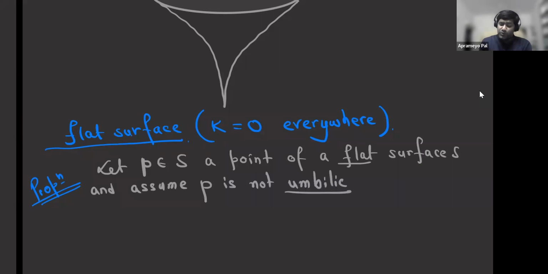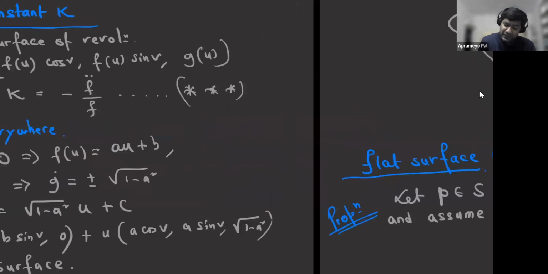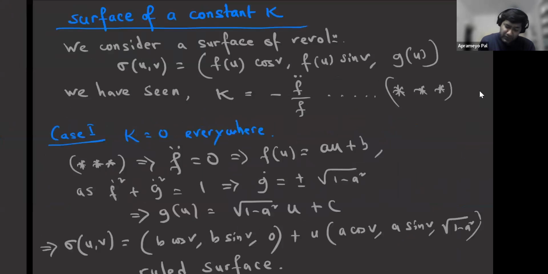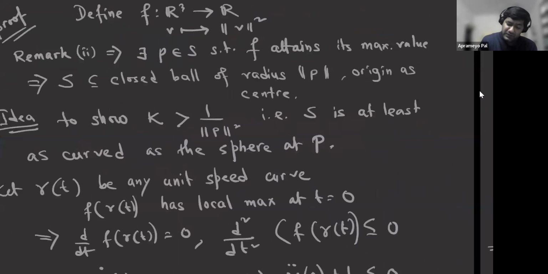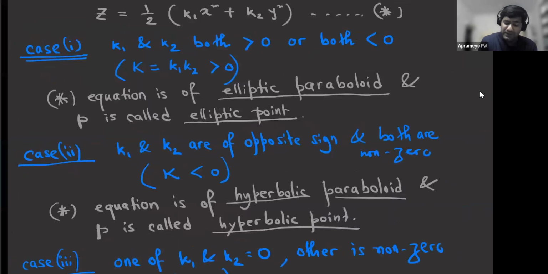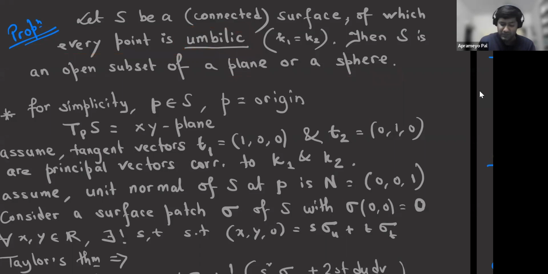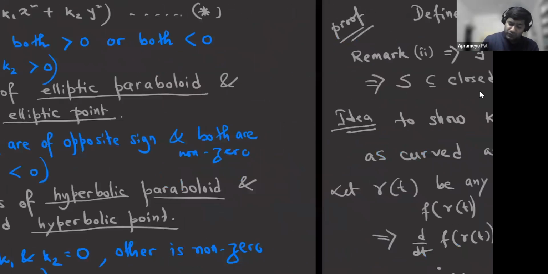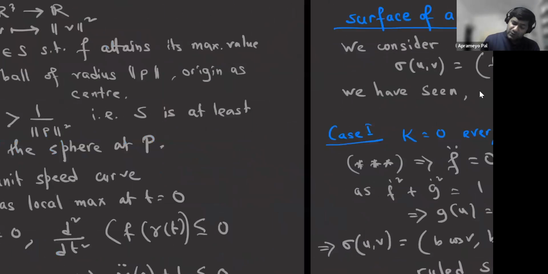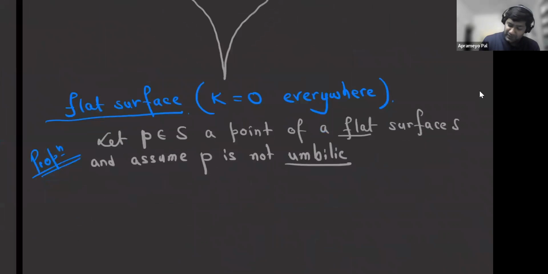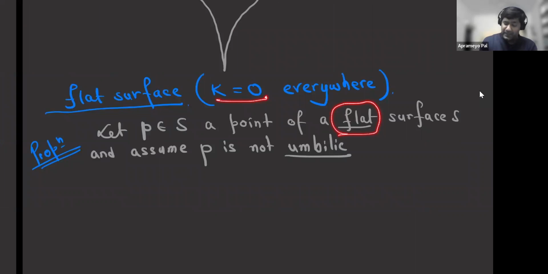Remember, if we have assumed that every point is umbilical, then we have also seen the classification. That's exactly where we started. If every point is umbilical, then it's a part of a plane or sphere. So that's the first classification we took. Now we assume that you have a flat surface, so K equals 0 everywhere, and you assume P is not umbilical.